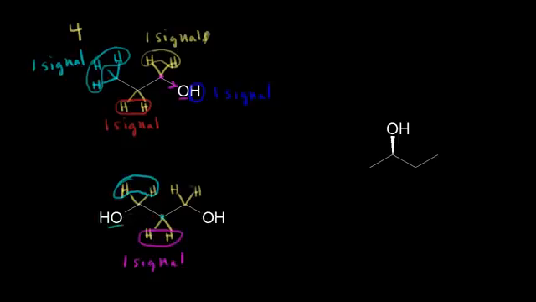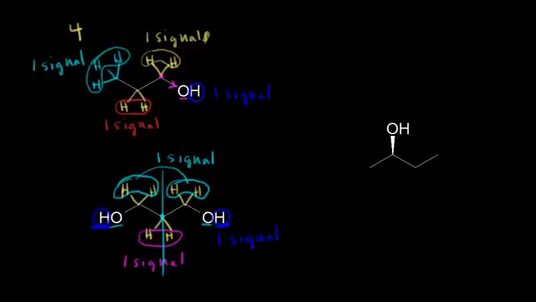They're also next to an OH. That's the exact same environment as these protons. They're next to a CH2 and next to an OH. So if you think about symmetry right here, we'd expect only one signal for these 4 protons. And then finally, we have the proton on the oxygen. Once again, symmetry helps us think about the fact that this proton is in the same environment as this proton. So we would expect one signal there. So we would have a total of 3 expected signals for this molecule.